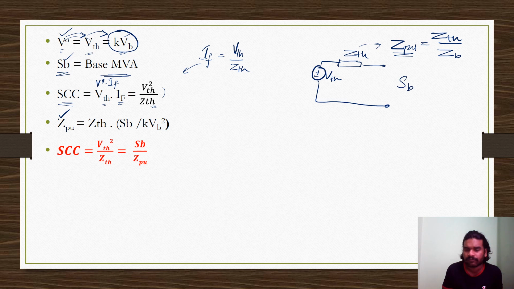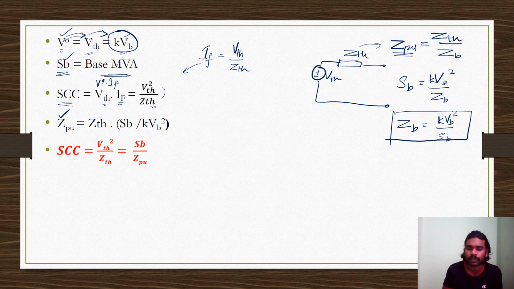We know SB is equal to KV base square by Z base, so Z base is equal to KV base square by S base. Please remember this formula. I put it over here and I get this equation. I will transfer the Z per unit to the RHS and KV base to the LHS.